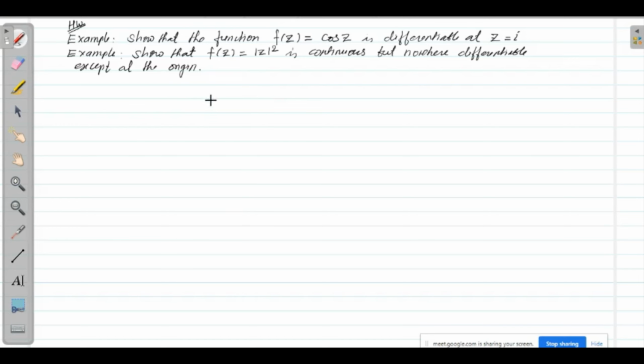Then simplify and apply the limit, and you will get the required result, and you will be able to show the function is differentiable at the point z equal to I.